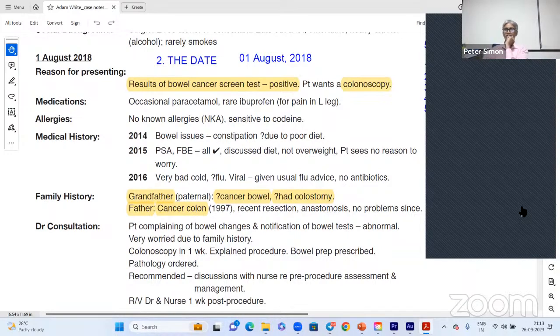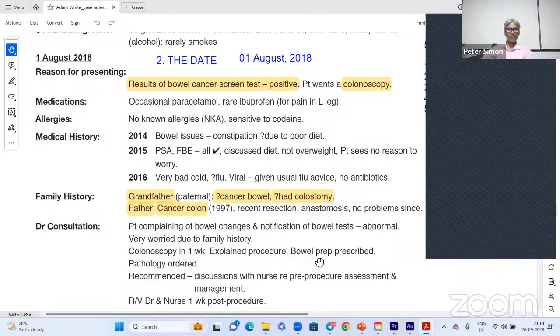A history of hereditary colon cancer has been reported. A strong family history of.